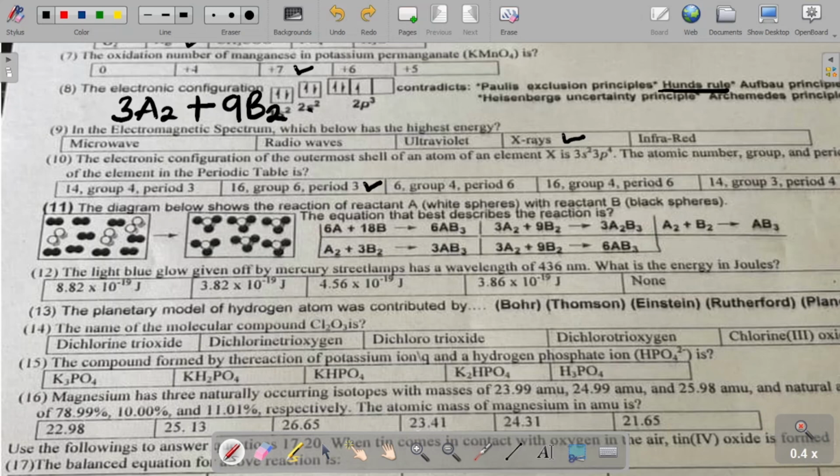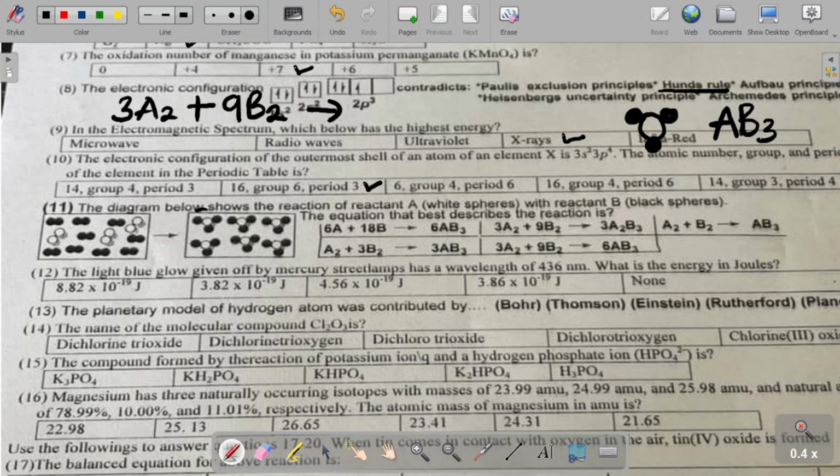Our answer here, what does it give us? If you look at one of these, what I have there is something that looks like this: one black, one white in the middle, one black here, and then a third black here. So for each of these, I have three blacks, that's B3, and one white, that's A. So it becomes AB3. That means one white and then three black atoms.